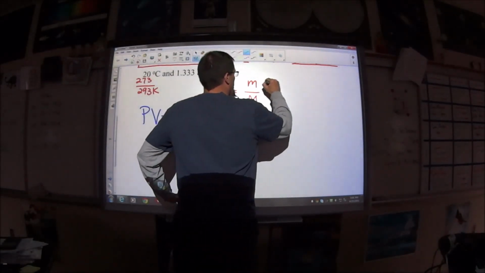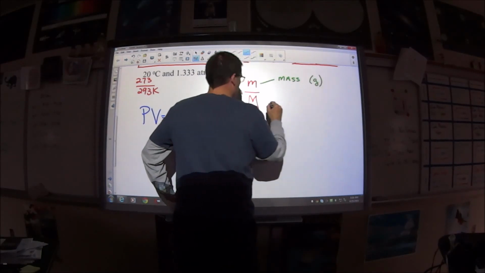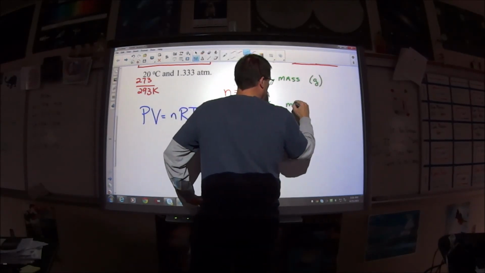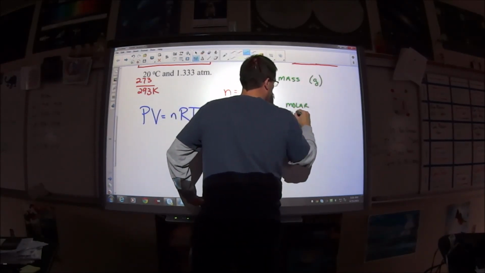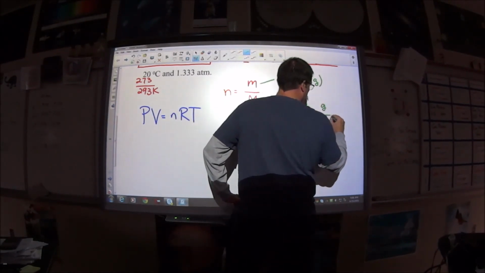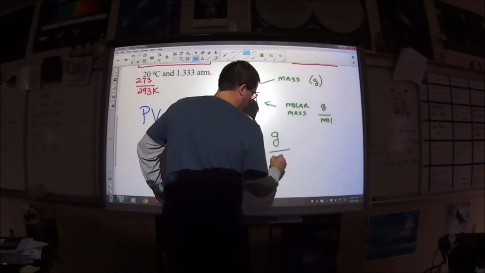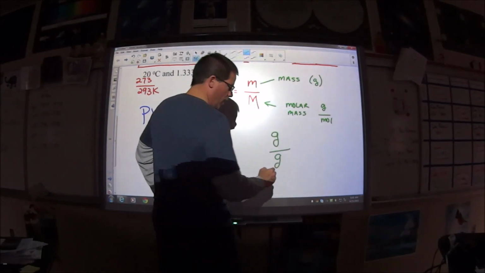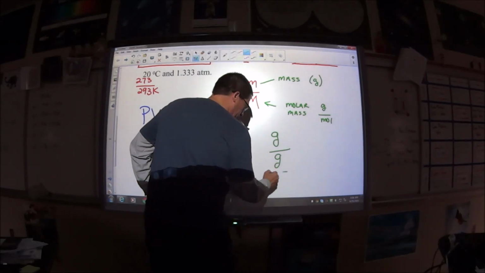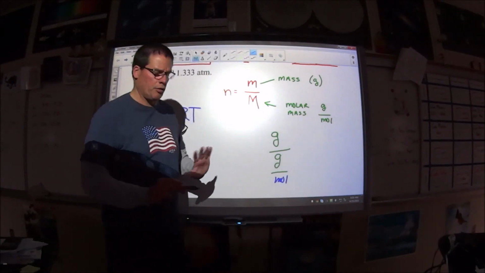So the little m represents mass, which is in grams. The big M represents molar mass, which is in grams per mole. So if I take grams divided by grams per mole, and again, not a big fan of having moles down here, double division lines, I just don't like that.